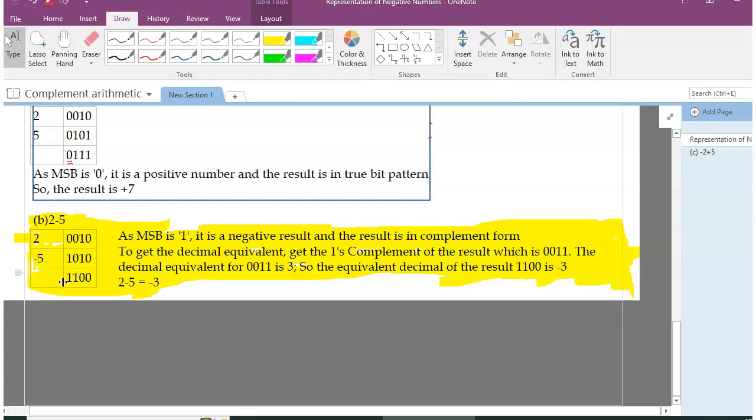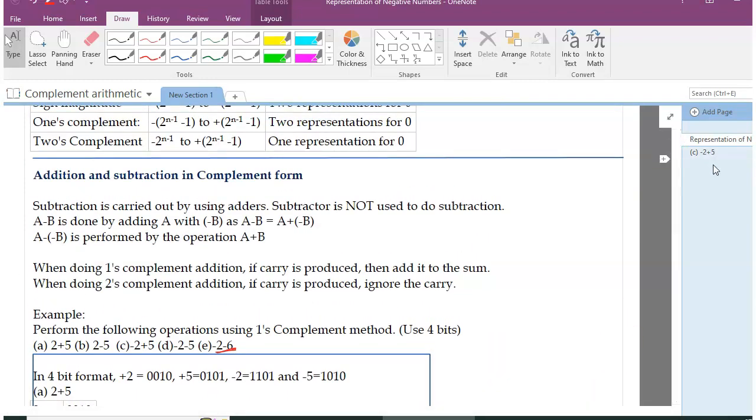So it is a negative number and it is available in ones complement form. To know the actual decimal value, we have to take the ones complement again. 1100, if you take the ones complement, that will be 0011 and it is equal to 3. So 2 minus 5 equals minus 3. Why minus 3? Because MSB is 1. So this is the answer.